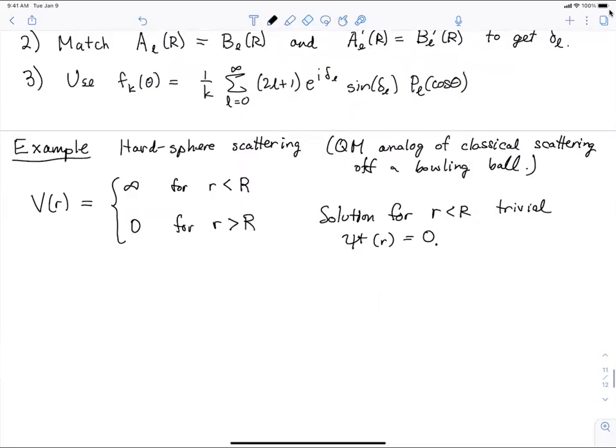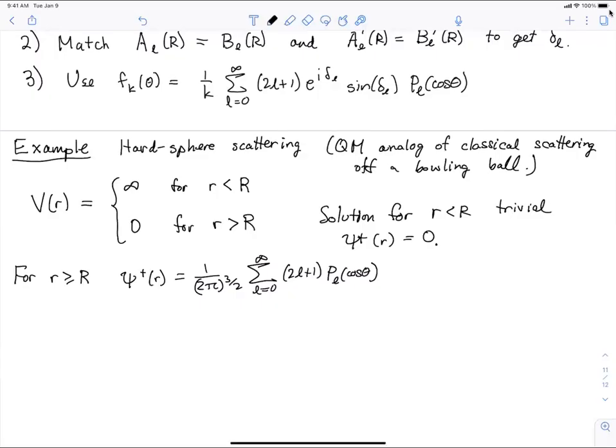So in fact, for r greater than or equal to big R, our wave function is going to look like this. We've already written down the form of it. So we've got our usual sum over L, our 2L plus 1, our Legendre polynomial.